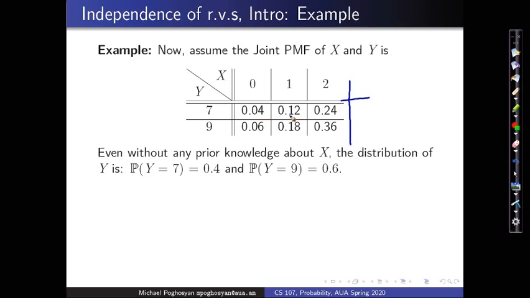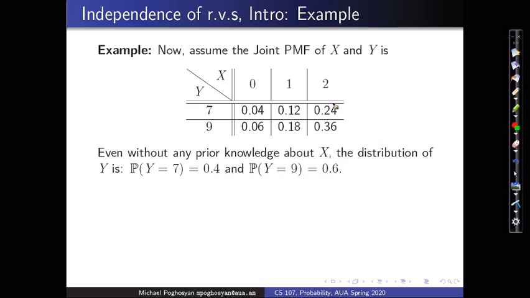So this will give 0.4, and here I need 0.6 to have the sum 1. So you can see that the chances that y will take the value 7 versus the value 9 are again 2 to 3. The probability is 0.4, 0.6.